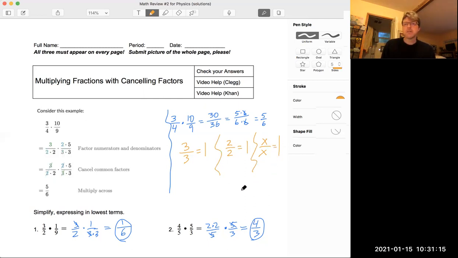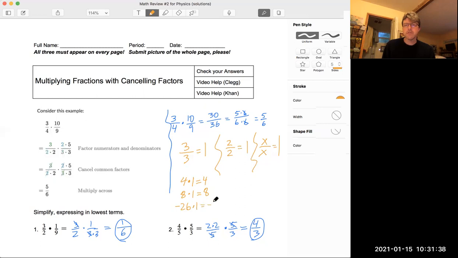The next question is, what happens when I multiply by 1? Let's say you have 4 times 1. What's that? That's 4. What about 8 times 1? That's 8. What about negative 26 times 1?